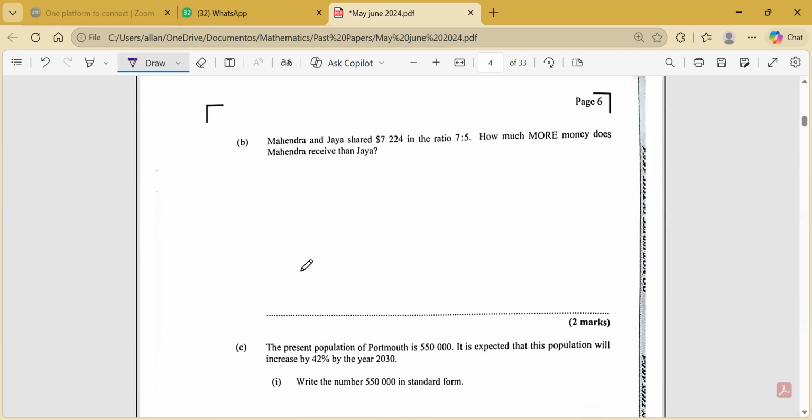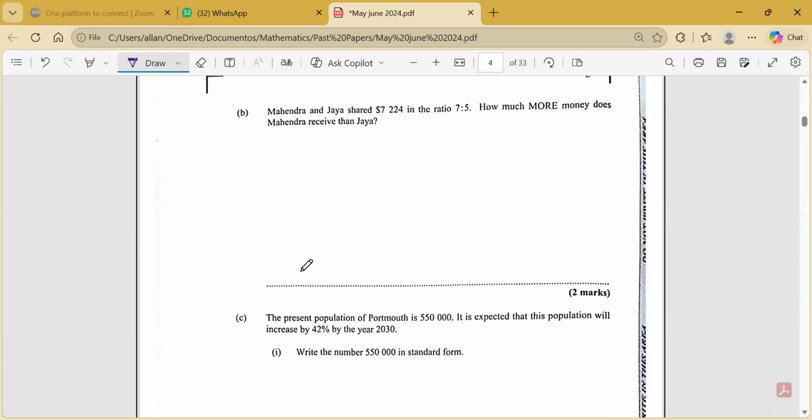All right, let's go. Mahindra and Jaya shared 7,224 in the ratio 7 to 5. How much more money does Mahendra receive than Jaya? This you're going to send to my WhatsApp. I need to see a statement.